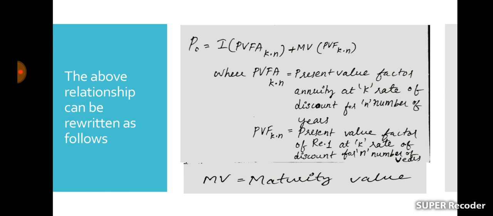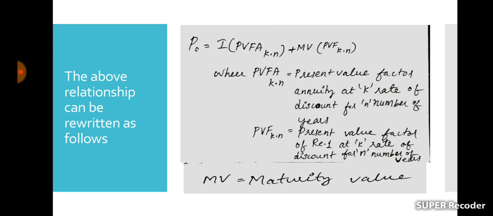Here the maturity value is the amount that we will get at the end of the maturity period, and it will be received only once.